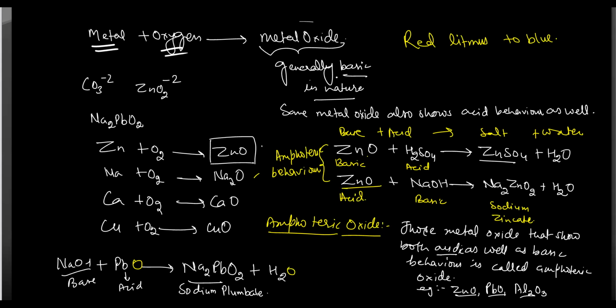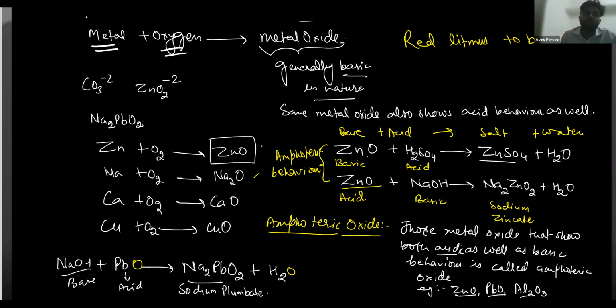Okay. So generally they are basic in nature, but there are some oxides that show both acidic as well as basic behavior. These metal oxides are called amphoteric in nature.